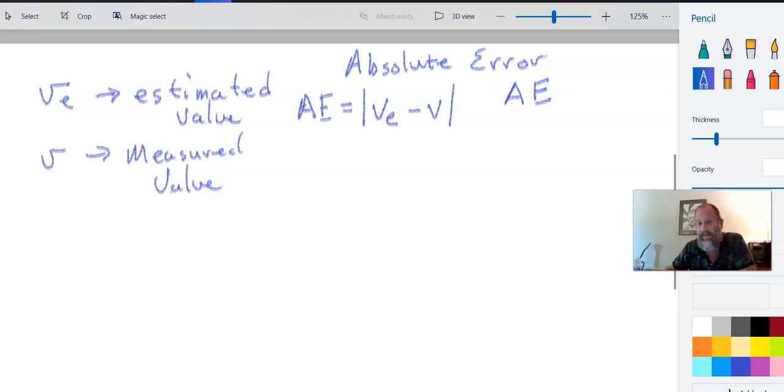So let's actually think about a what if here. Let's use the example that I had already brought up, estimating test scores. I've given exams for a long time. I usually have a ballpark feel for how a class is going to do on an exam, and so quite often I make estimates just to see how close my estimates are.